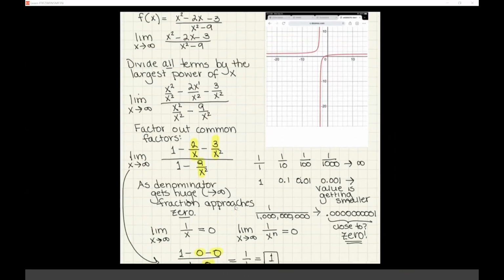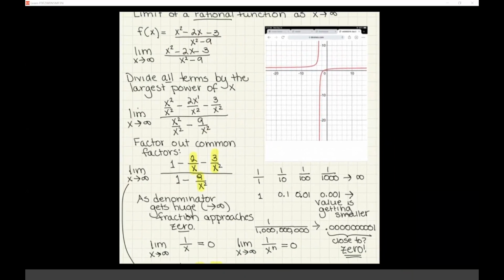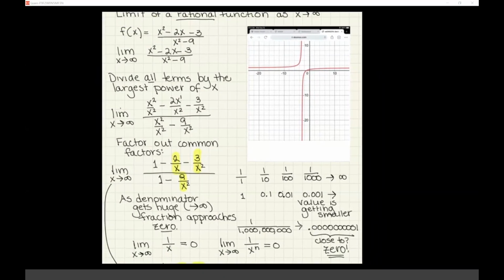All right, now let's talk about it in terms of your rational function. Essentially what you're asking is, what happens to this function as x gets really negative or really positive? And again, what you're seeing here is your horizontal asymptote. As this graph goes all the way out this way, it gets closer and closer to y equals 1.